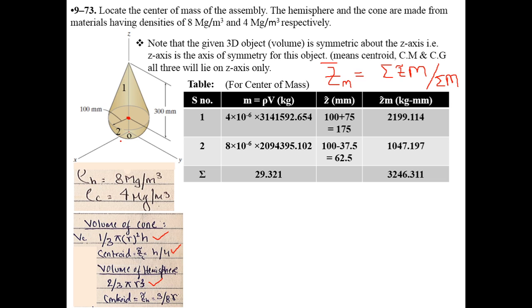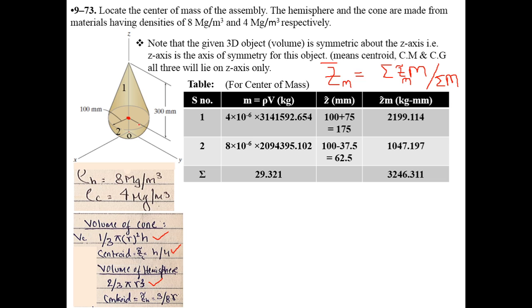Number one is the cone, number two is the hemisphere. Here we have to calculate the product of z tilde and m for each one of these volumes. And please remember that this z tilde is actually the center of mass for the individual volumes.